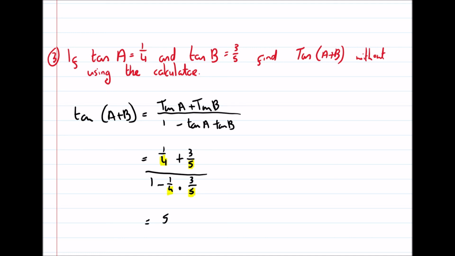Okay, so you'll end up with 5 plus 12 over 20 minus 2, which is 17 over 17, which equals 1. And the tan of 1 is 45 degrees. Okay, thanks for that, guys.